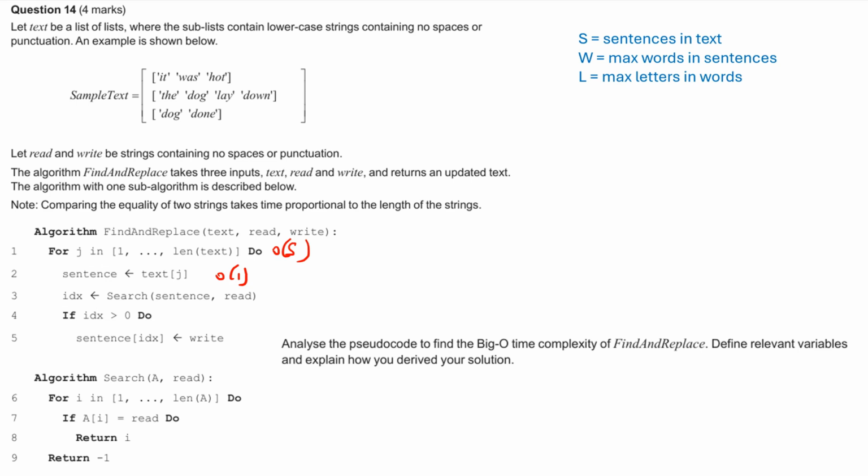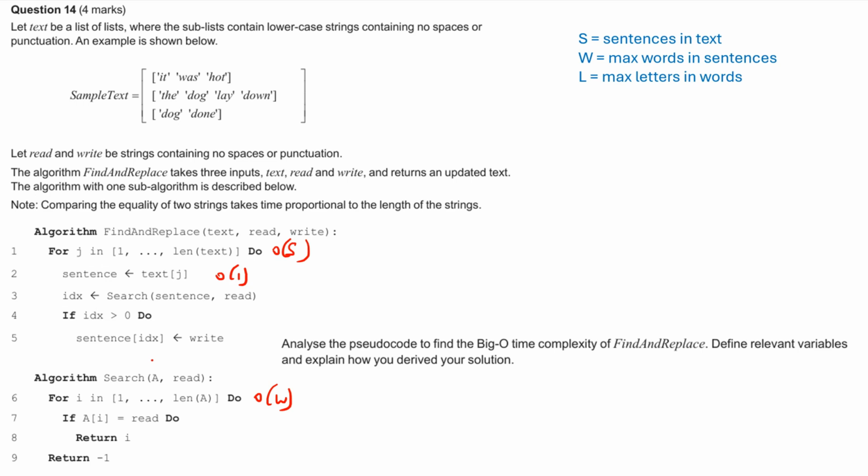And we're searching, I mean, A is actually the sentence, so that is going to be W here. It's going to be done W times. So for i in 1 to the length of A, that is the worst sentence there is. So that is going to be big O of W.